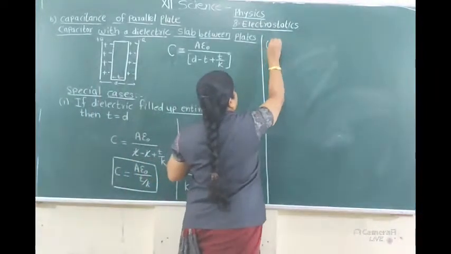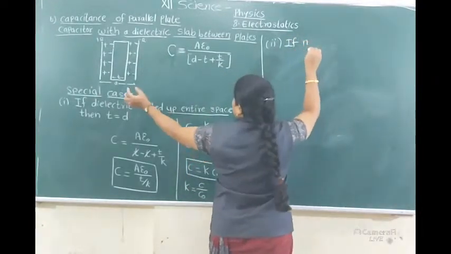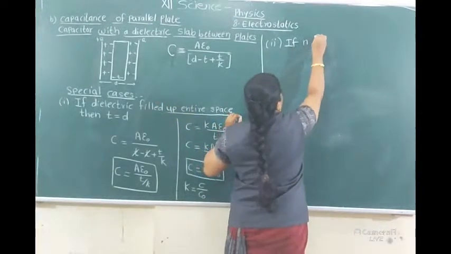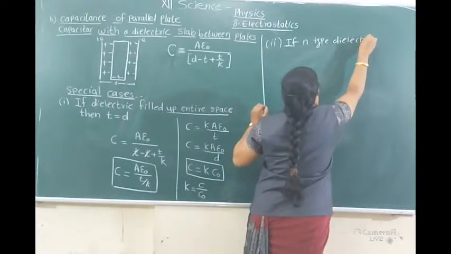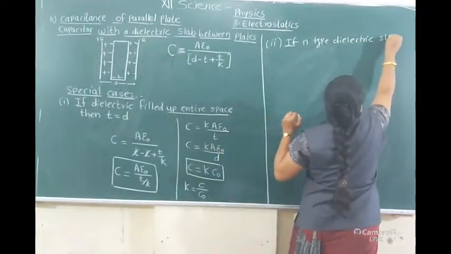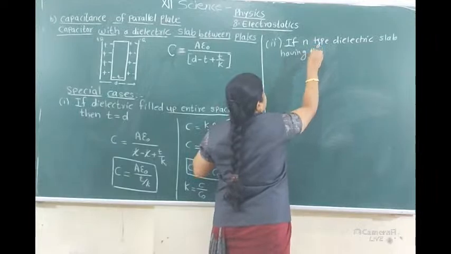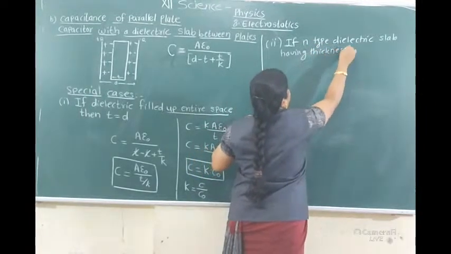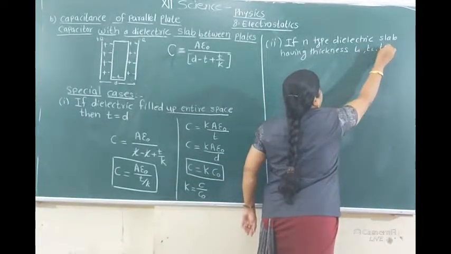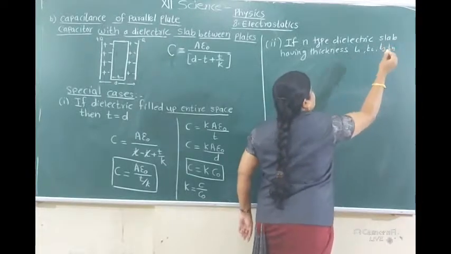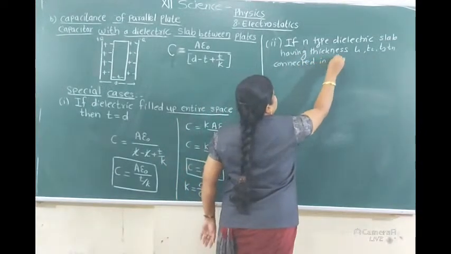Now in the second case, if n dielectric slabs having thicknesses T1, T2 up to Tn are connected in series.